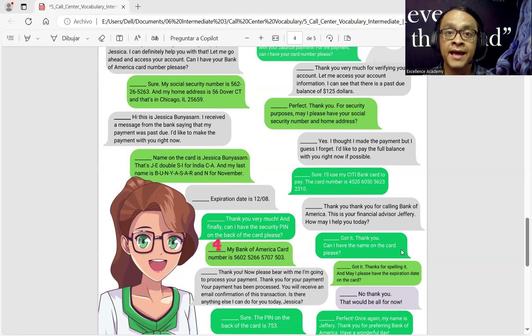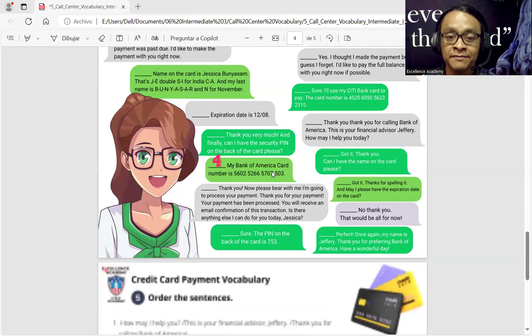Now we're going to practice with a call center script so you get an idea of the steps you need to follow in taking a credit card payment. We're going to use this material on screen.